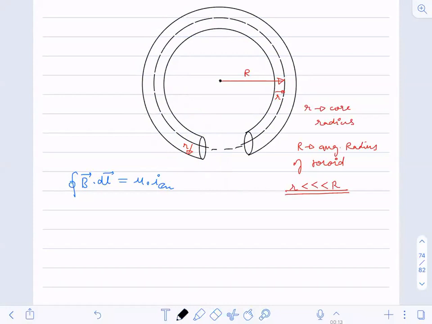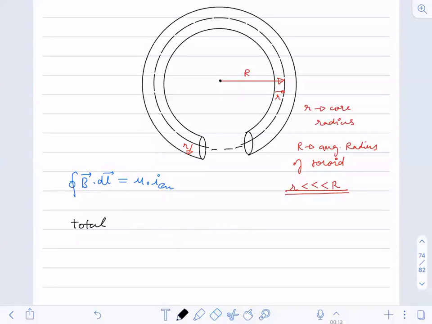So, if there are a total of N loops, or coil, how many are there? Or better I write turns, total number of turns, because we have written turns over there.